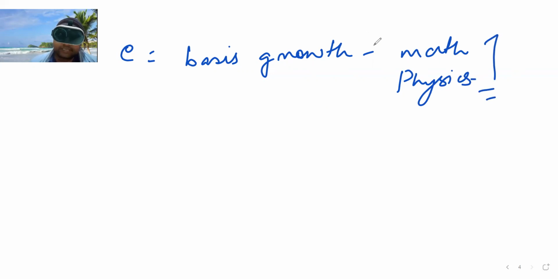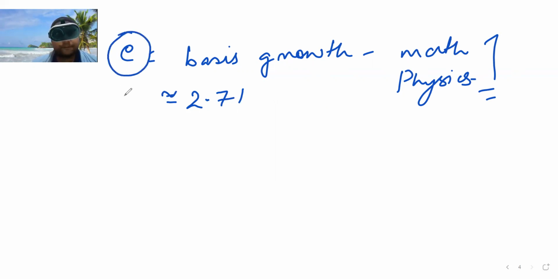Now let's take a step back and construct how the value of E comes out to approximately 2.71. Okay, and because E is a basis of growth, let's learn it in this simple fashion.